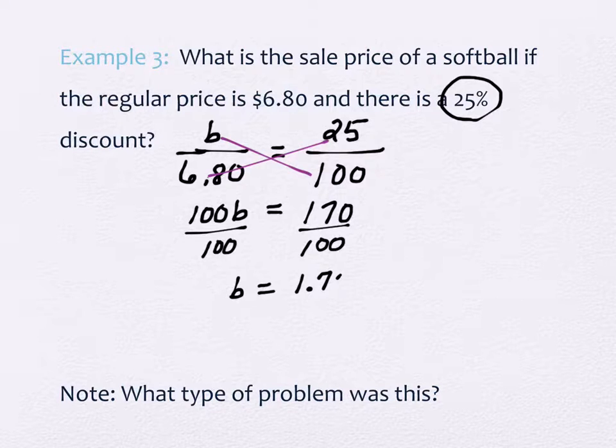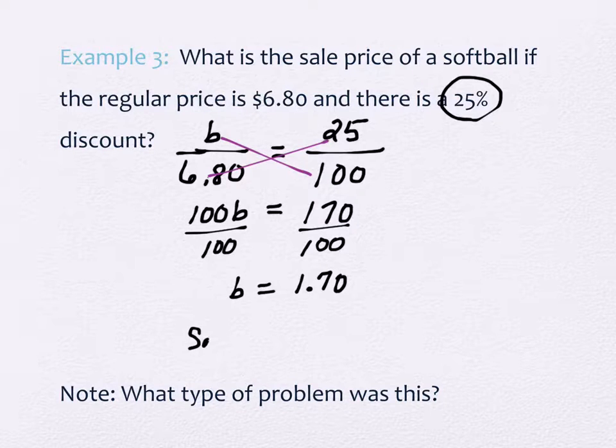Now we need to be careful what the question was that we were actually asked. What were we asked to find? The sale price. What have we found so far? Yeah, we found the discount, right? So if we go through the process like this and we ask that question to ourselves in the end, we can simply subtract.